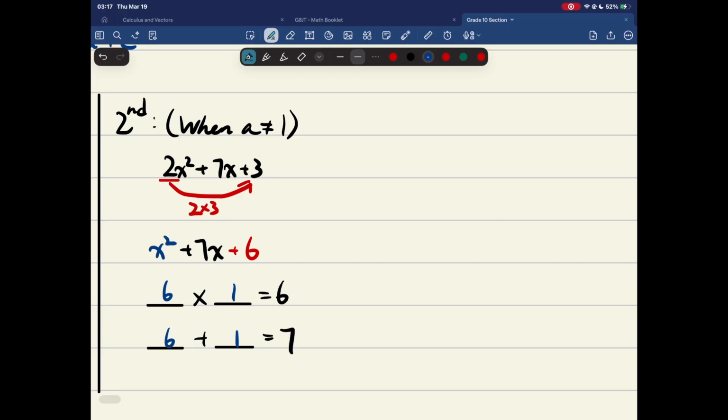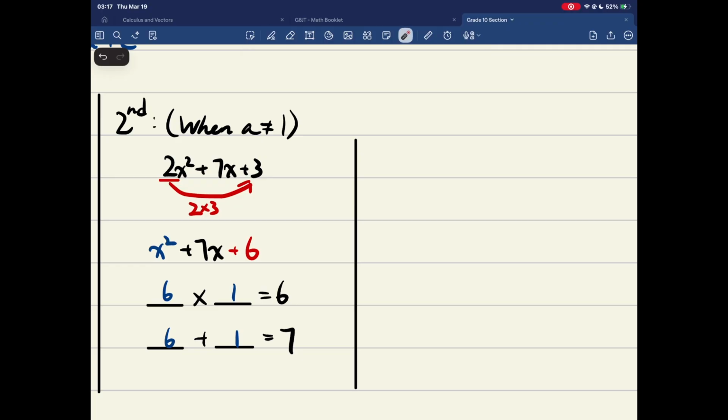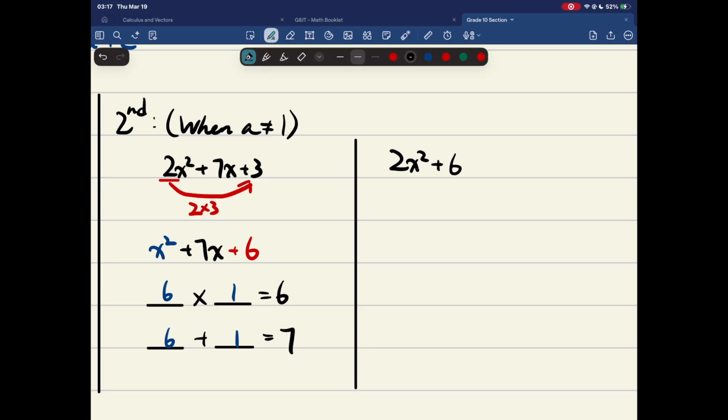So you can split the middle term. Let me draw a line here. You split the middle term 7x, and when you have the two numbers, you refer back to the original equation, and you will have 2x squared plus 6x plus x, and at last plus 3.